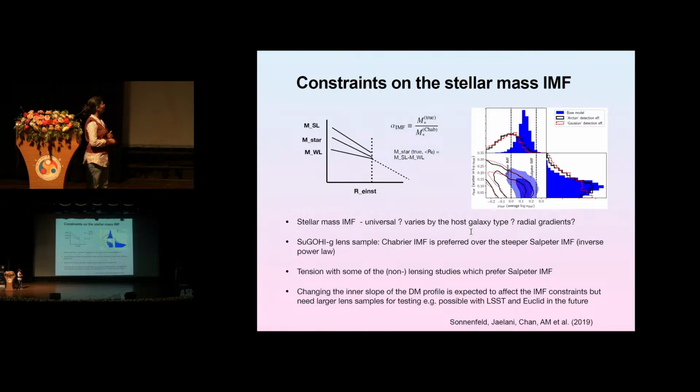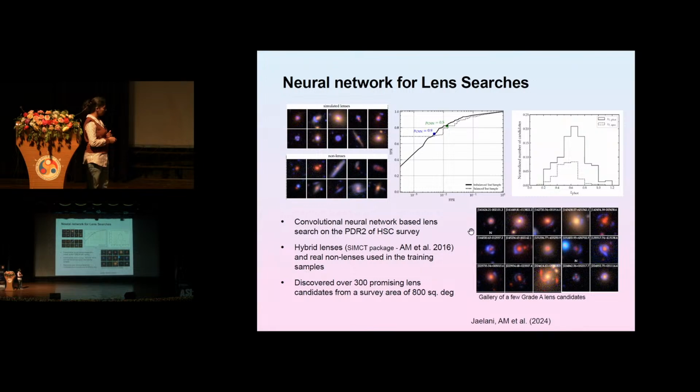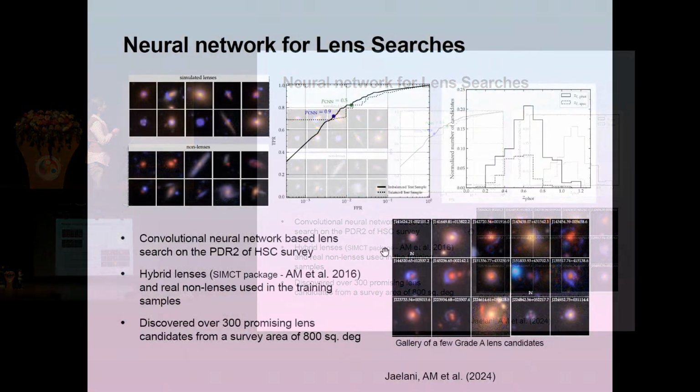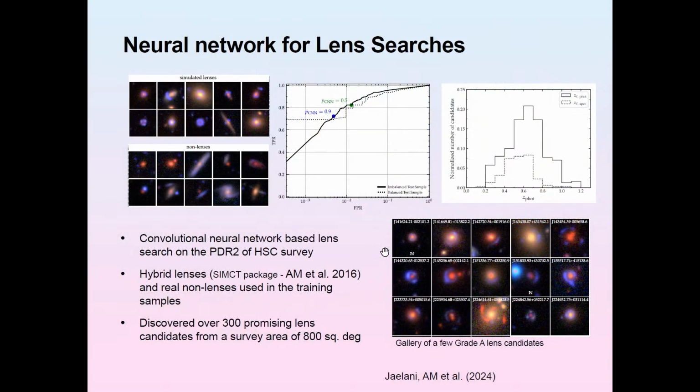Some of the other things that I wanted to point out are that we are working towards developing better and faster algorithms for searching lenses. Here are results from one fairly recent work where we have created these realistic samples of simulated lenses and non-lenses, and we have developed a neural network which can find these lens systems with fairly good accuracy.